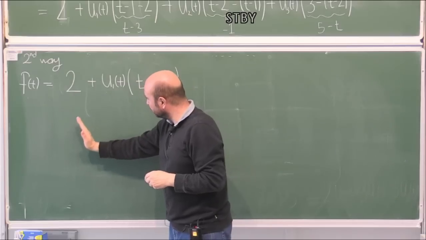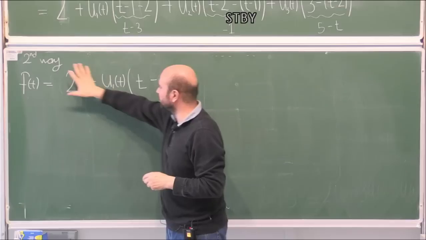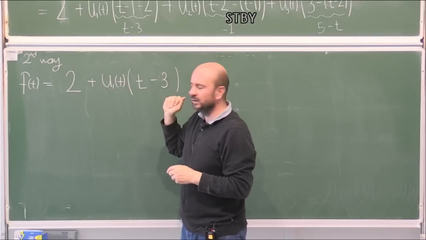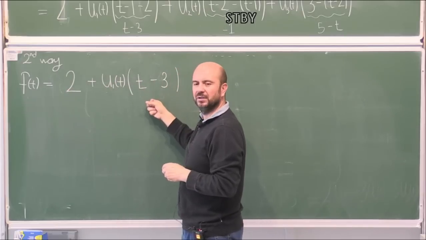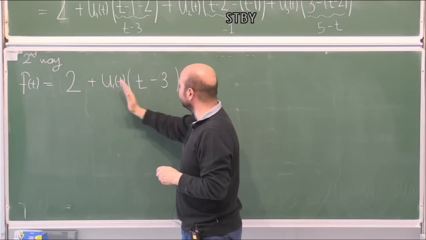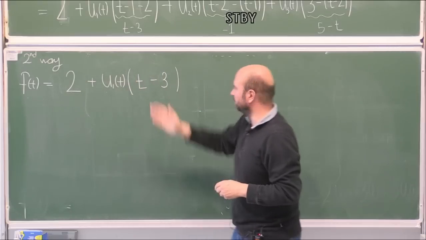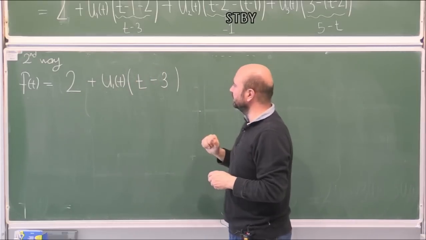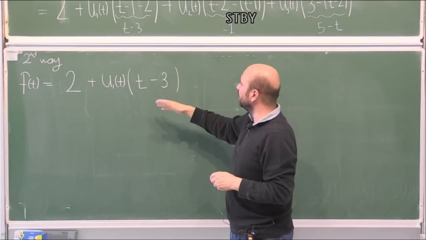Before 1, there is no effect of this. It's completely 0, so it's just 2. After 1, this is affecting, and this is affecting. So that I have to add them. After 1, t minus 3 plus 2, which is t minus 1. So now if I leave like this, it comes as 2. Starting from 1, it becomes t minus 1.